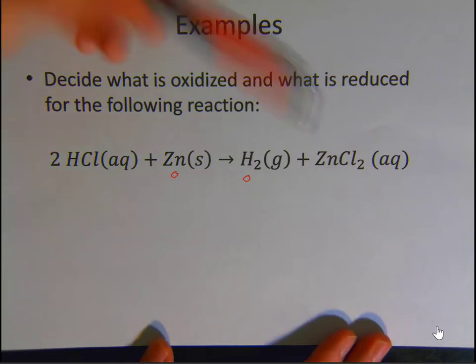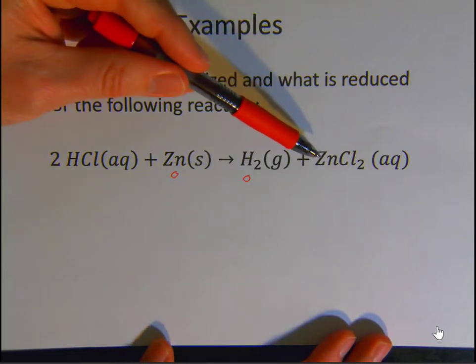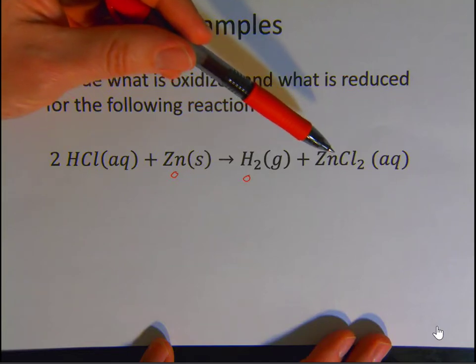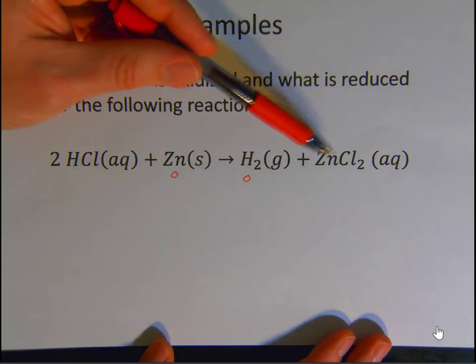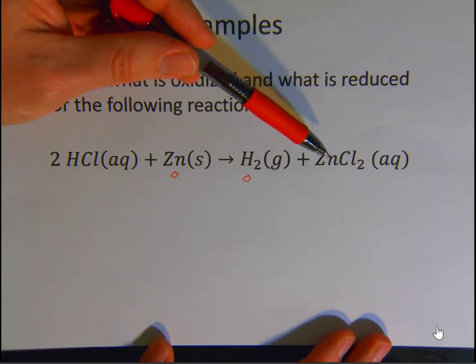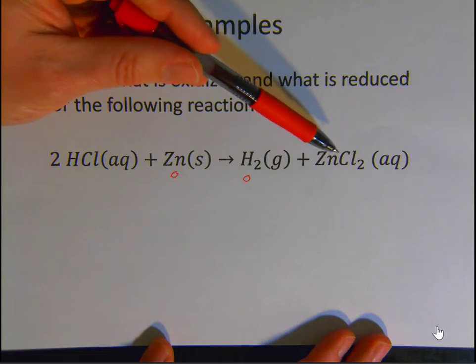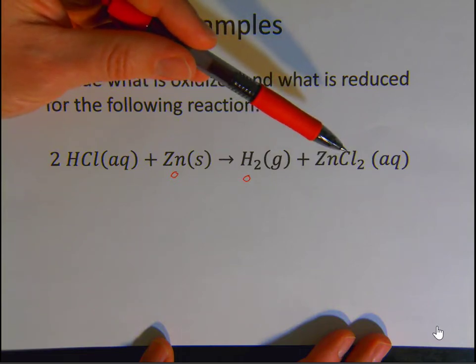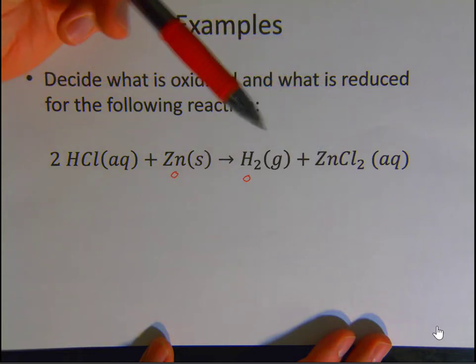So I'm going to start with this one. I know it's the second one, but it's also the most obvious, I think. So we'll start with the more obvious one. In this case, we have a metal and nonmetal, and what we know is that when we have a metal and nonmetal together, the metal will lose electrons, and the nonmetal will gain electrons.